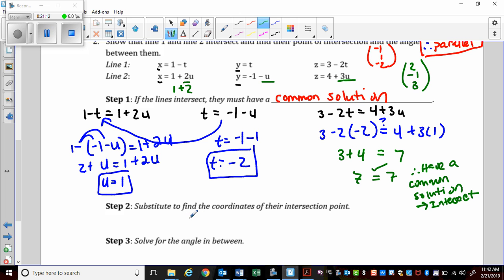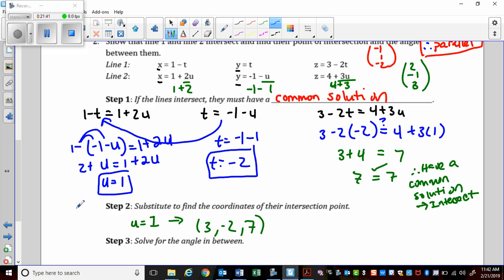So my x is 3. When u equals 1, then I have 3, negative 1 minus 1 is negative 2, and then 4 plus 3 is 7. That's it.